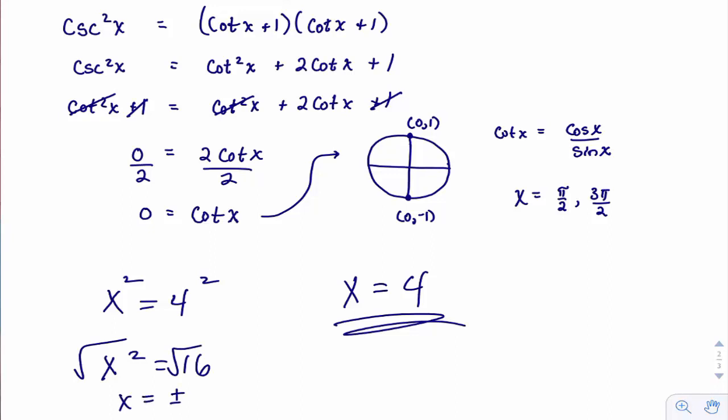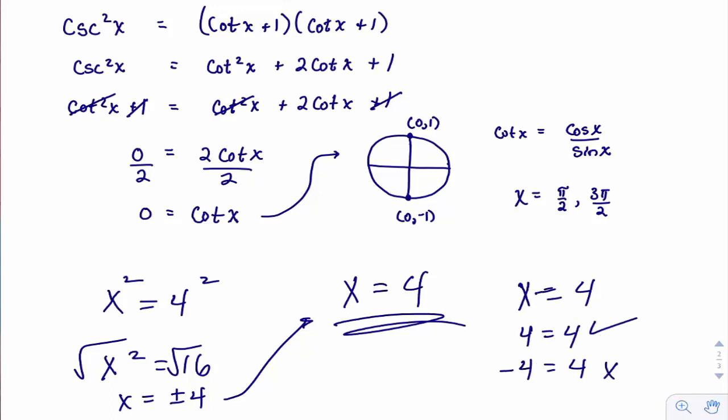Now I get plus or minus 4. So now I started with 4 and I ended up with plus or minus 4. If you plug that back in to the original equation of x equals 4, if you plug in 4, it works. If you plug in negative 4, it doesn't work, and you get an extraneous solution.